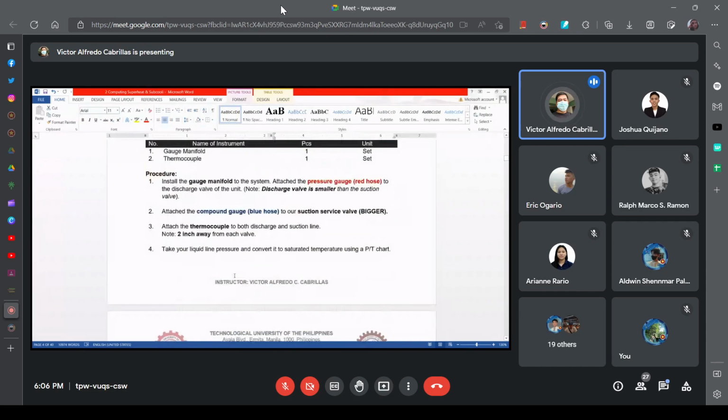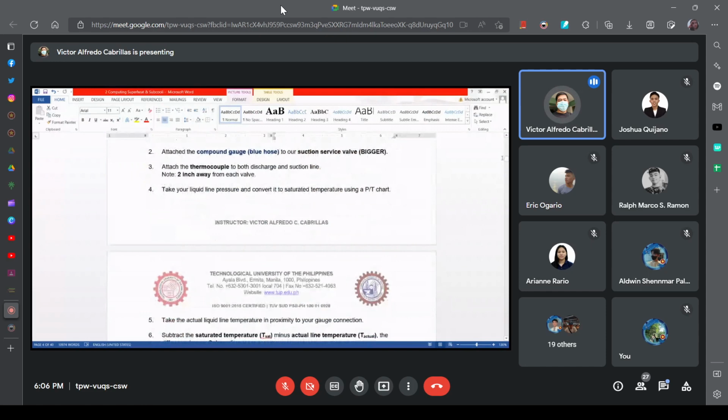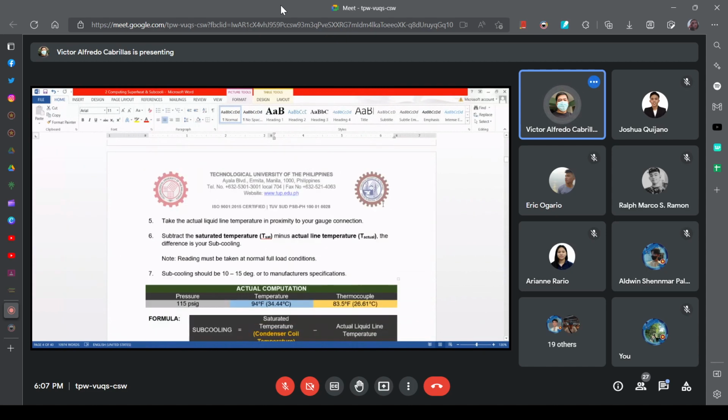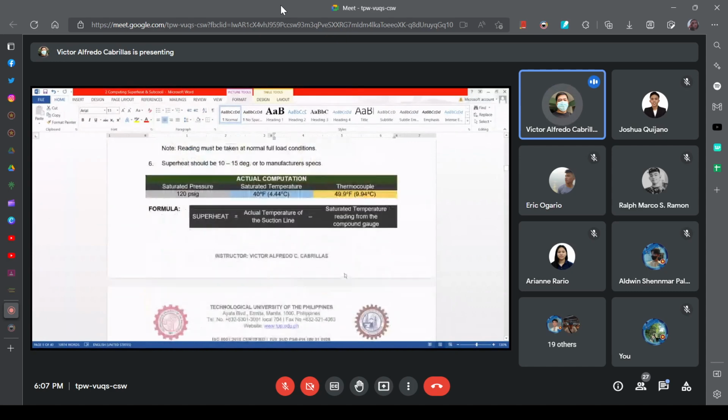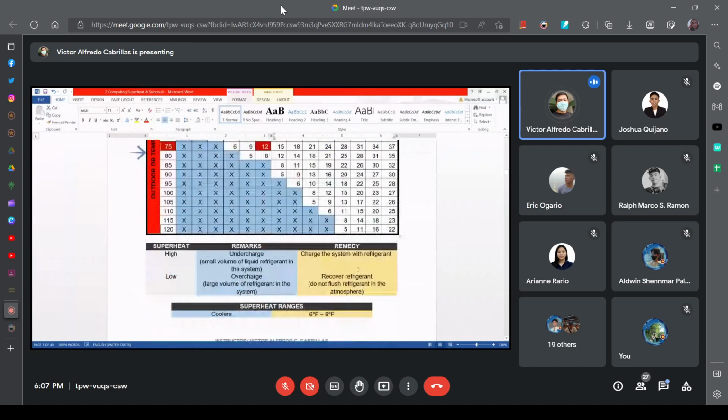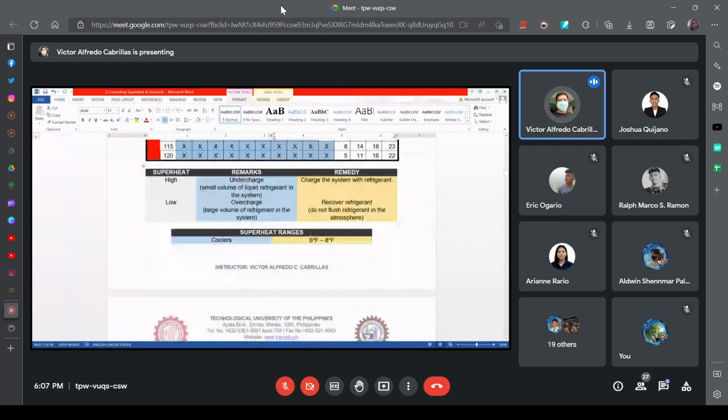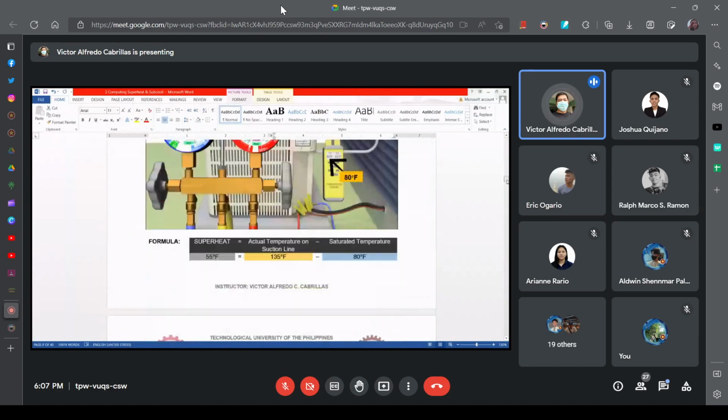Ayan. Medyo masyado marami to kasi isang buong lesson ng superheat and subcooling. So medyo hindi natin masyado ng basta, ang importante ay alam nyo po ang sinasabi na superheat and subcooling. Okay? Masyadong madami po ito.